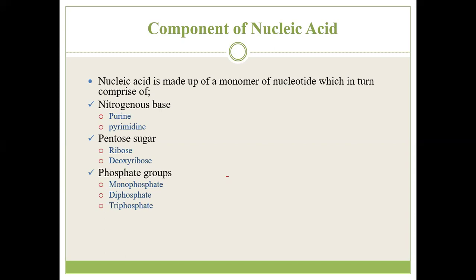It is ribose that undergoes a reduction to form deoxyribose. So the nucleotide contains a pentose sugar, and this pentose sugar is ribose or deoxyribose, which I'll explain shortly. We also have a phosphate group. This phosphate group is nothing but an oxide of phosphorus.